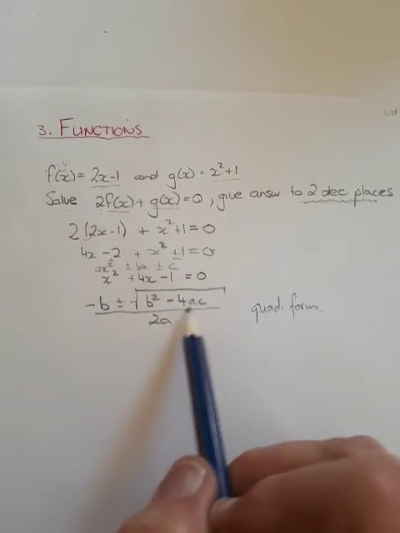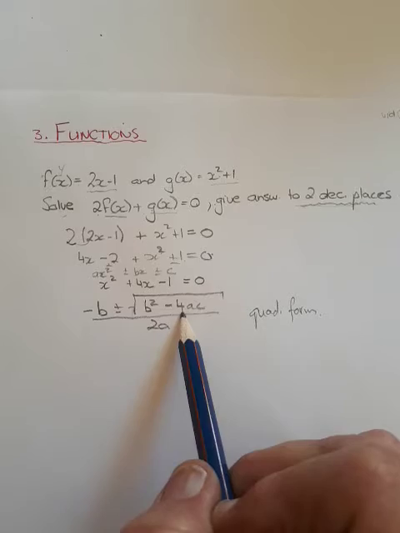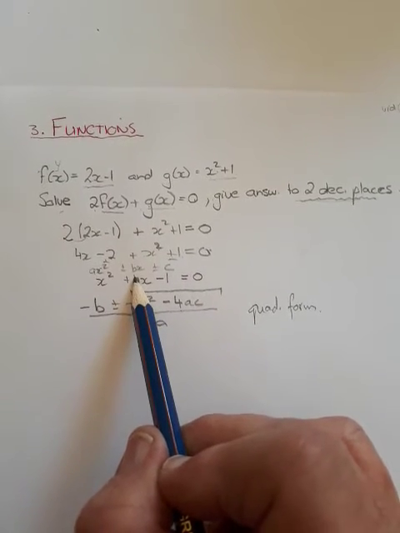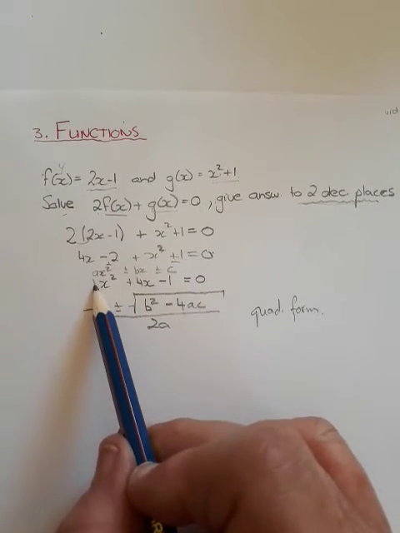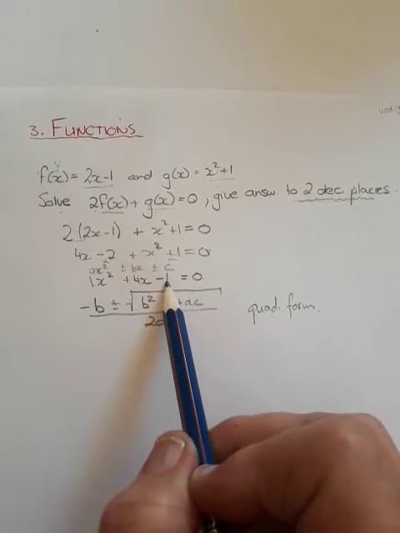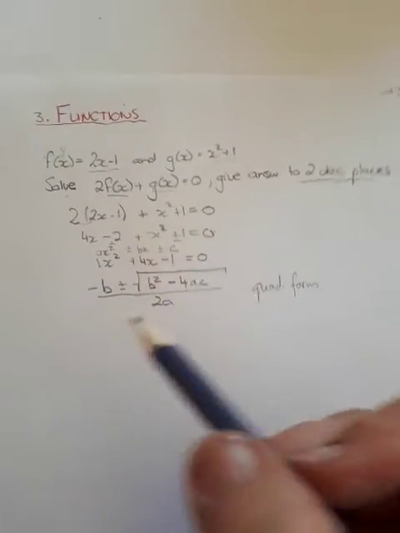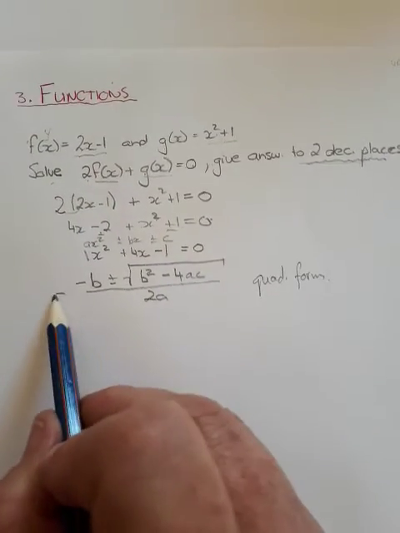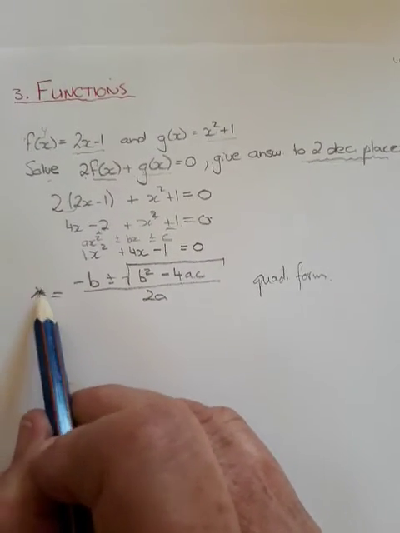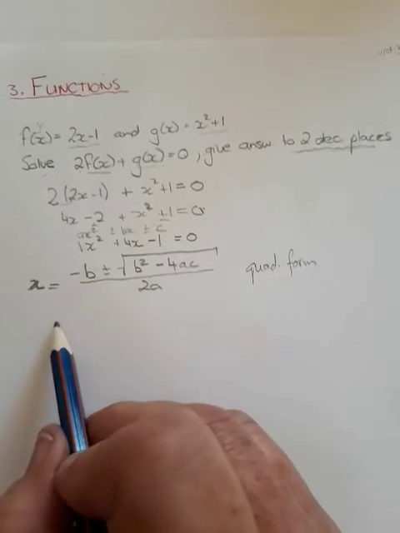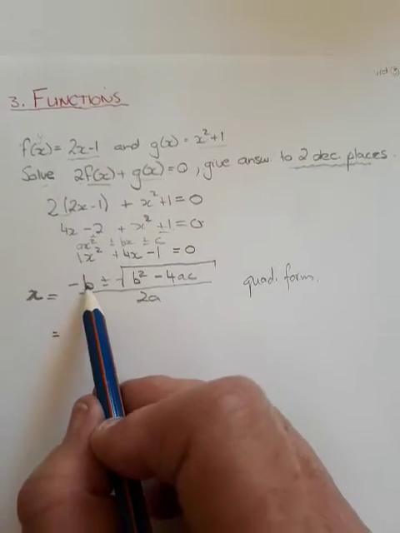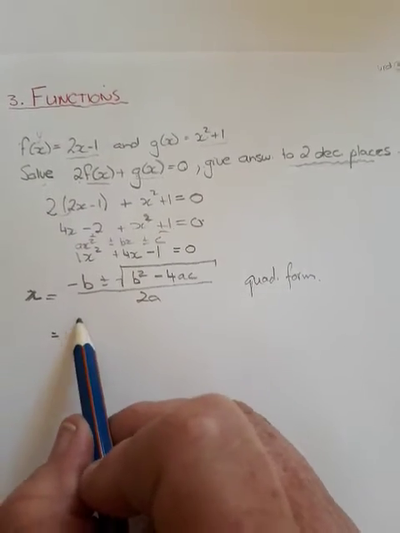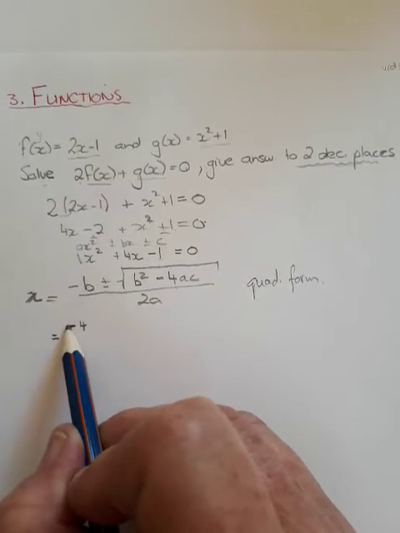So now we can actually substitute into the formula the b, which is the 4, the a, which really is 1, and the c, which is a negative 1. So we will start with x equal to. Now we will actually substitute the b with 4, but remember there is a negative.